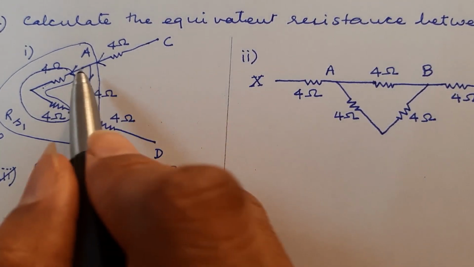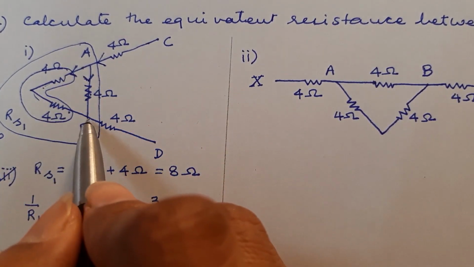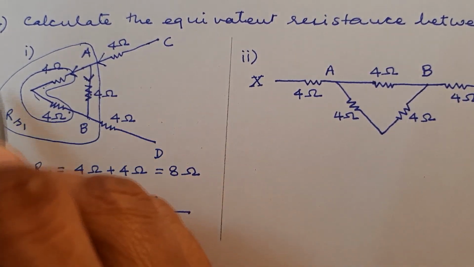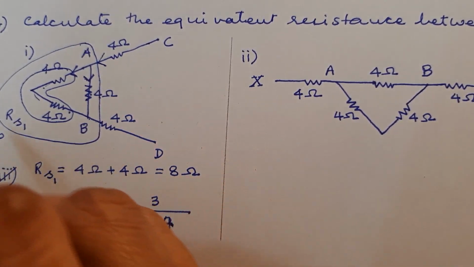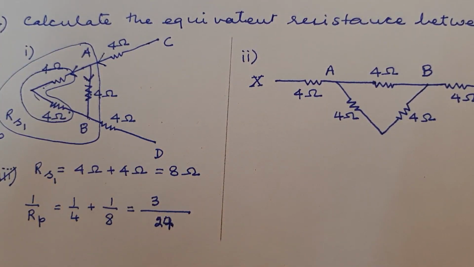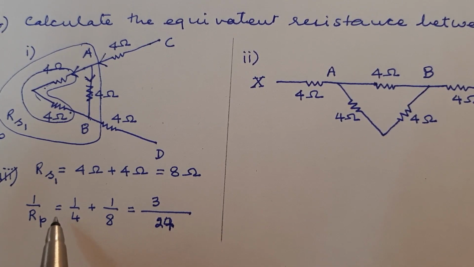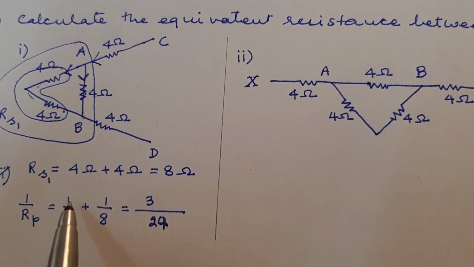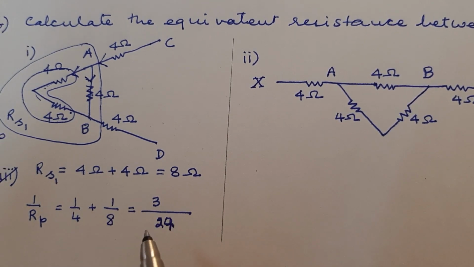Now this resistance of 8 ohm and this, they are in parallel. So we will mark the circle round like this and we'll call that Rp. So now Rp is going to be found using the formula 1 upon Rp is equal to 1 upon 4 plus 1 upon 8. And so our LCM is going to be 24. So 4 goes 6 times and 8 goes 3 times.